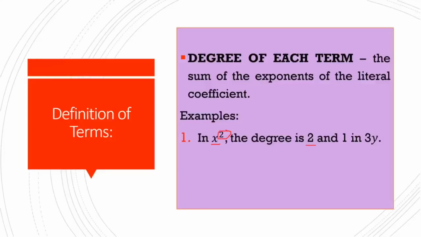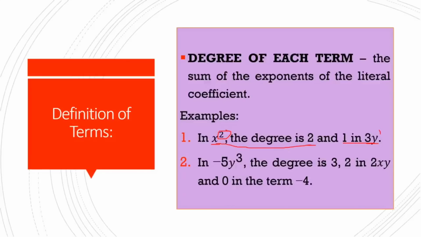And for 3y, the degree of this is 1. Why? Because y has an exponent of 1, which we do not put anymore. We just write it as 3y, but it has an exponent which is 1. Okay, so the degree of this term is 1, while the degree of this term is 2.